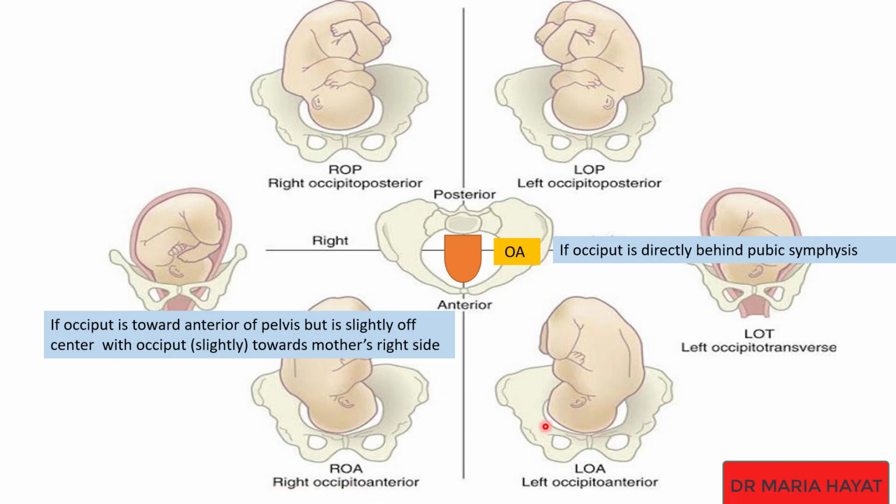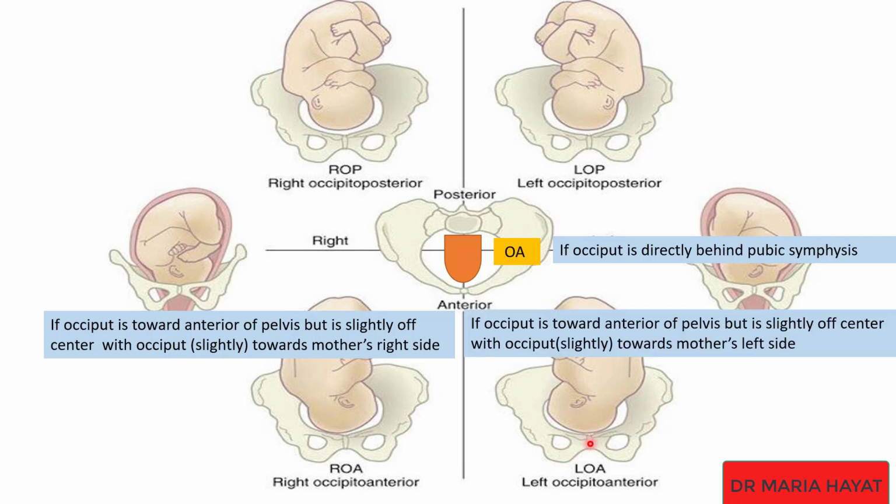If the occiput is towards the anterior side of the pelvis but slightly away from the center, in such a way that the occiput is slightly towards the left side of the mother, it is called left occipito-anterior. So how easy it is.